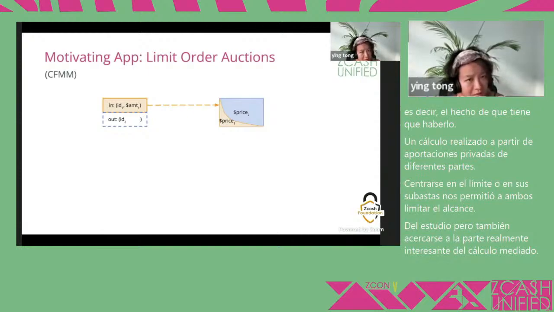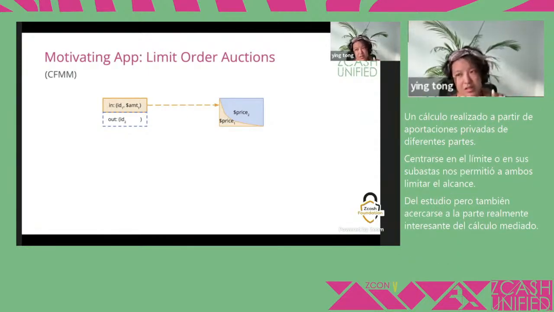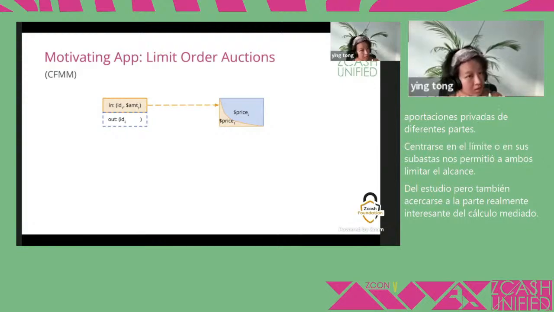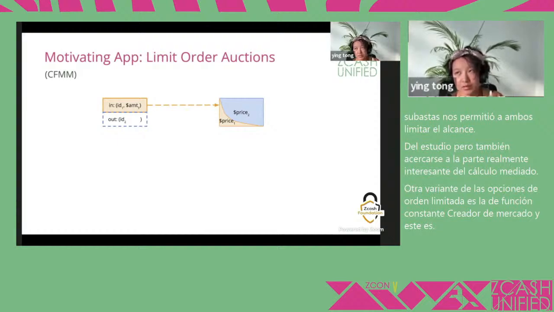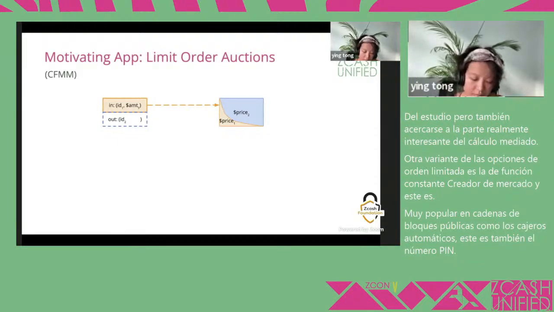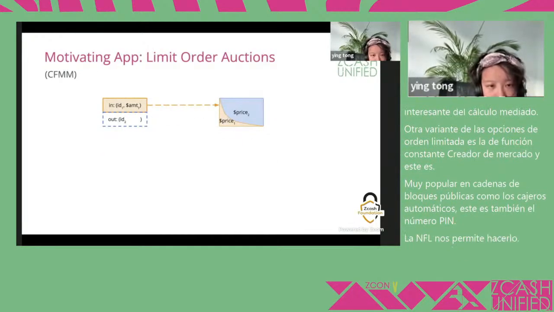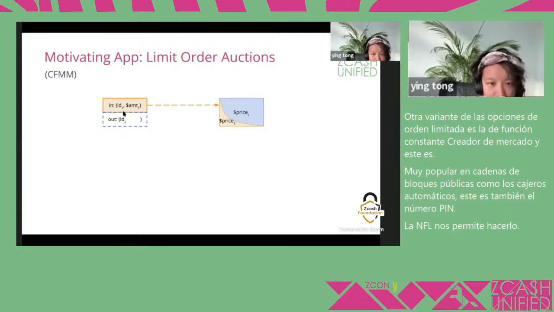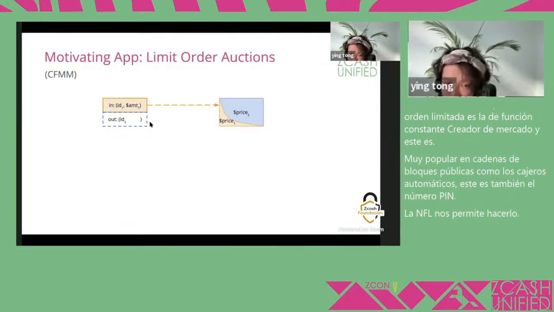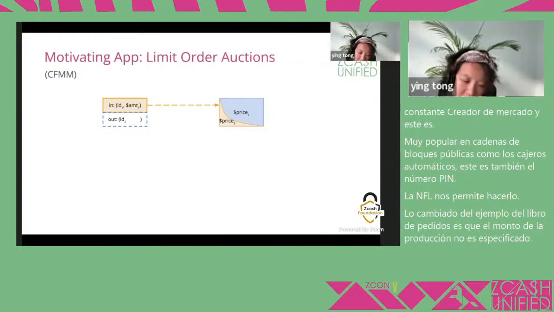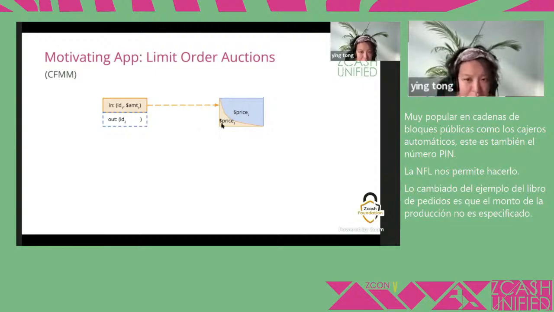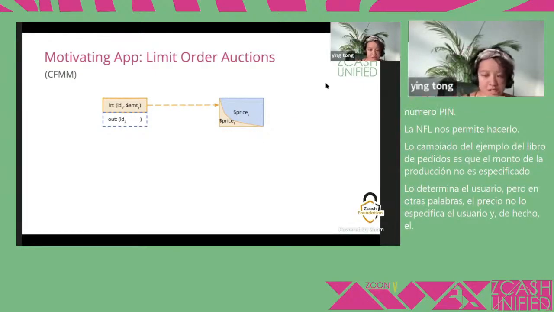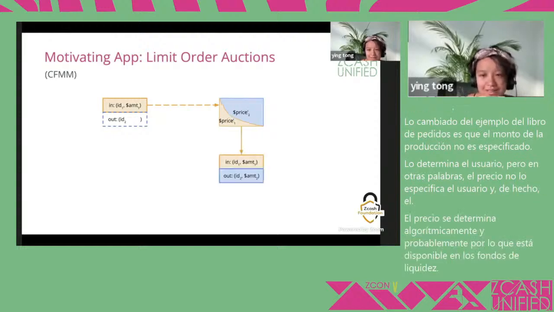Another variant of limit order auctions is the constant function market maker, and this is very popular on public blockchains such as Ethereum. This is also what Penumbra allows us to do. So what's changed from the order book example is that the amount of the output is not specified by the user. In other words, the price is not specified by the user. And in fact, the price is determined algorithmically and publicly by what's available in the liquidity pools.